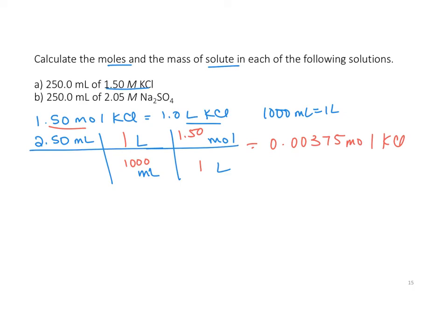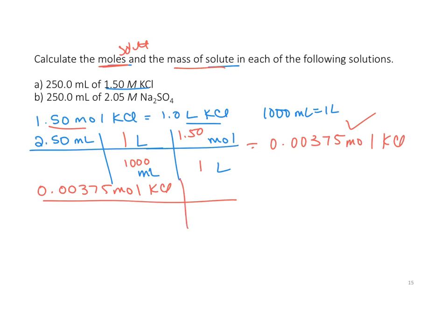Okay, but it also says the moles, so we calculate the moles of solute, but it also wants the mass of solute. So how do you go from moles to mass? Yep, you do the molar mass.